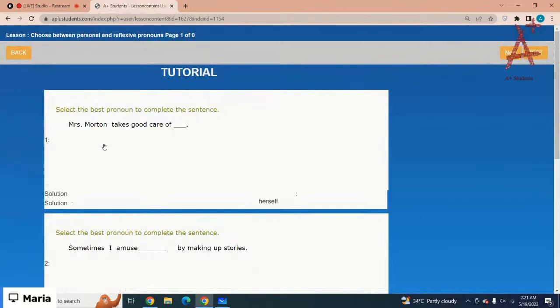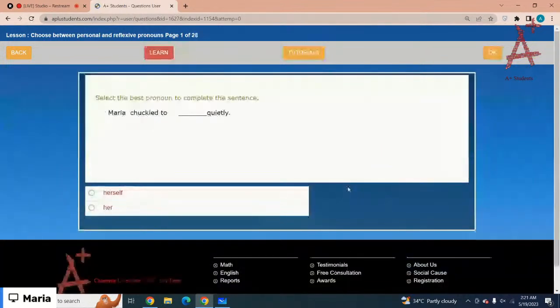Select the best pronoun to complete the sentence. Mrs. Morton takes care of... Let's just start with the test. You're not given the options, so without options, it is difficult to explain. Maria chuckled to Dash quietly. Her or herself? Which is the correct option? Chuckled to her quietly.